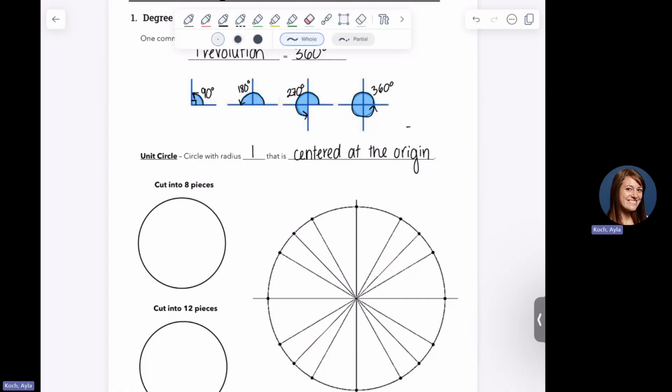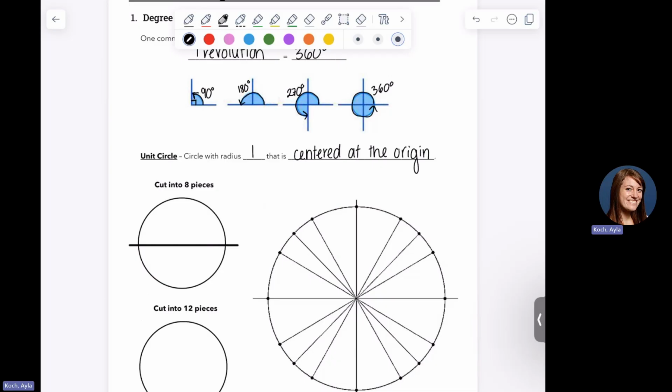We're going to be working a lot with this. We'll be splitting up this circle into very special pieces. There are very special ways we split up this unit circle to talk about special angles. We're going to start by taking just a regular old circle and cutting it into 8 pieces.